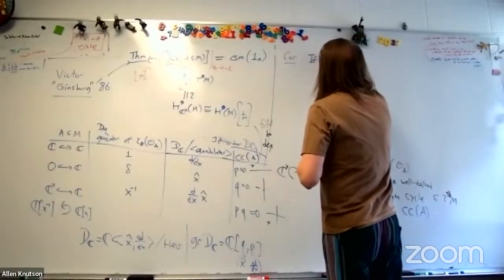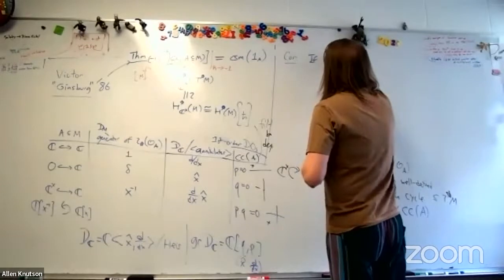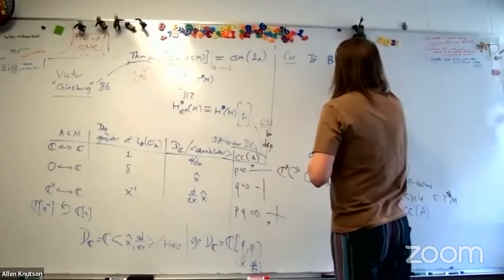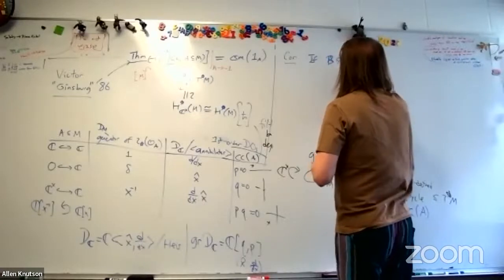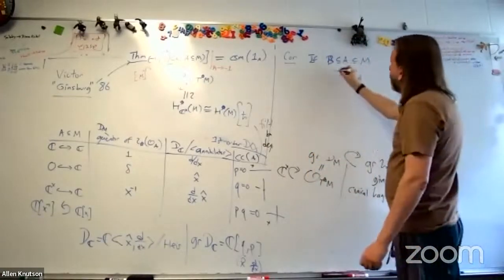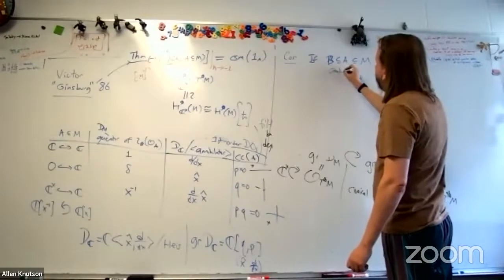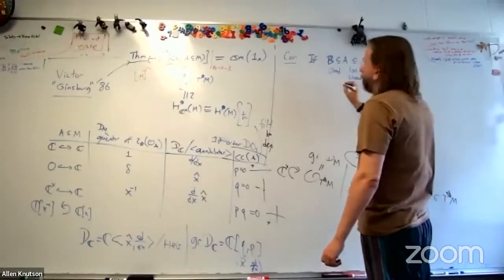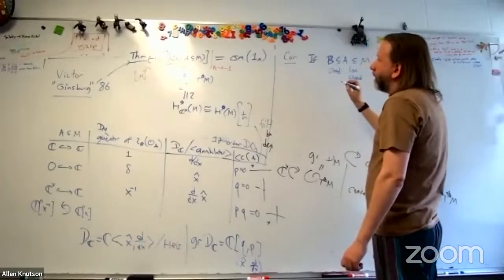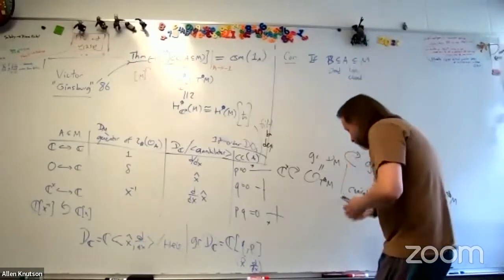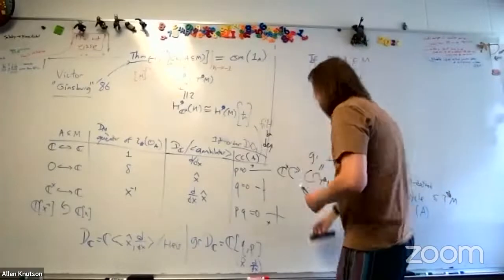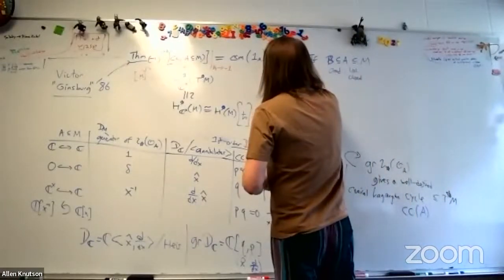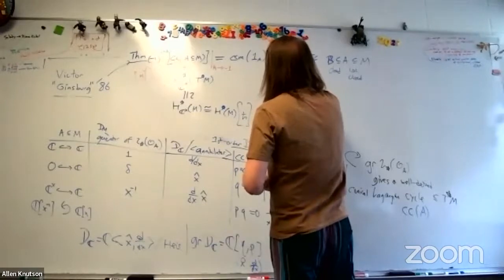If B is inside A is inside M, so this is still this locally closed story that we were talking about. And this guy I'm going to have actually be closed, okay? Then, or sorry, maybe I'll say this as this fact about CSM classes.